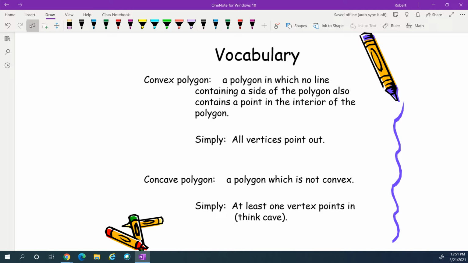If it's pointing inward, even just one of them, it would be concave. I like to think of it as a cave goes into the side of the mountain. In this case, a concave polygon has at least one vertex that points inward, where convex means they all point outward.